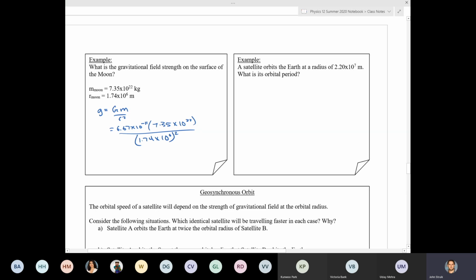So 6.67 times 10 to the negative 11 times 7.35 times 10 to the 22, divided by bracket 1.74 times 10 to the 6 squared equals, oh, that's right, g equals 1.62 meters per second squared. And the unit is obviously meters per second squared because it's acceleration due to gravity.